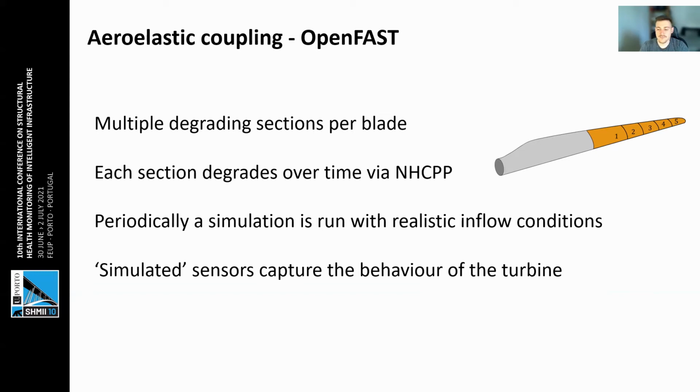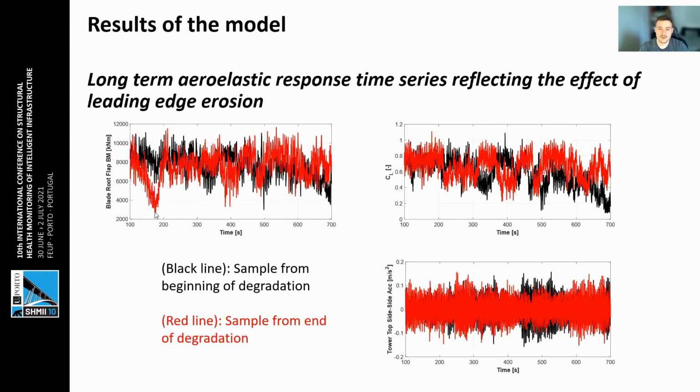And here I show some examples of outputs from the coupled aeroelastic simulation. In black, I plot a sample taken from the beginning of the degradation process, and in red, one which has already undergone years of degradation.